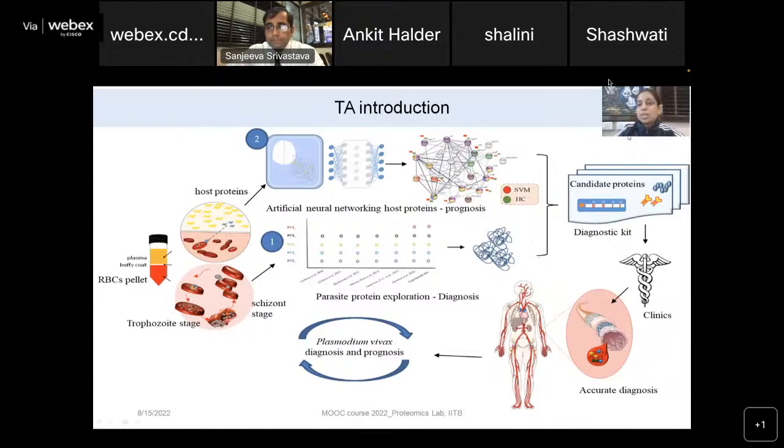So the idea is to create a diagnostic kit in future, which can be taken forward to clinics to get an accurate diagnosis of Plasmodium vivax infected patients and whether they are moving towards severity or not. This will help us in getting a better sample cohort, which can further lead to better understanding of the disease and how the pathogenesis is happening. So that is all for my work in brief.